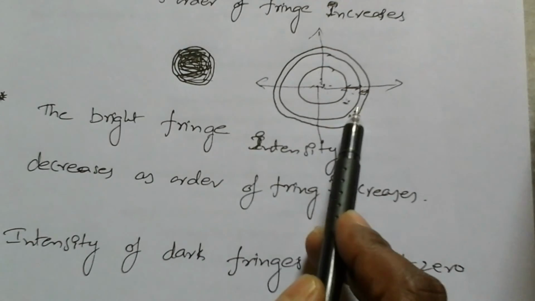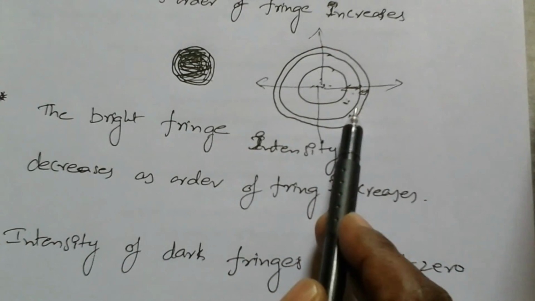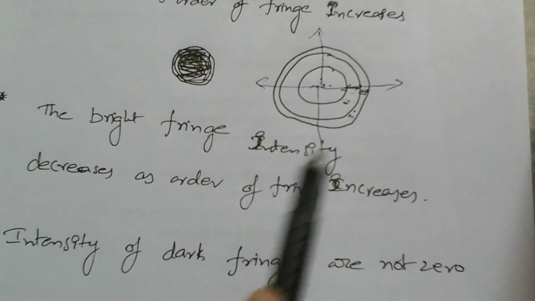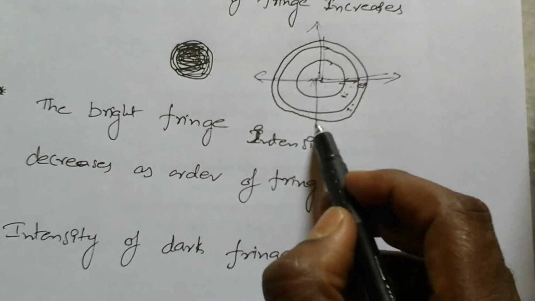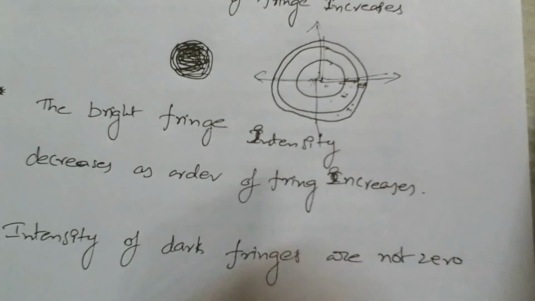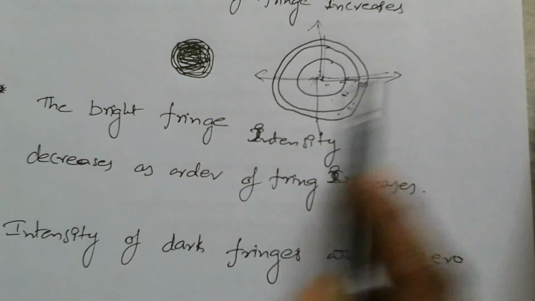If you compare these two, this brightness is less, and if you go to the next, again brightness will be less. So as you go in this direction or that direction, the intensity of the bright fringe decreases as the order of the bright fringe increases.